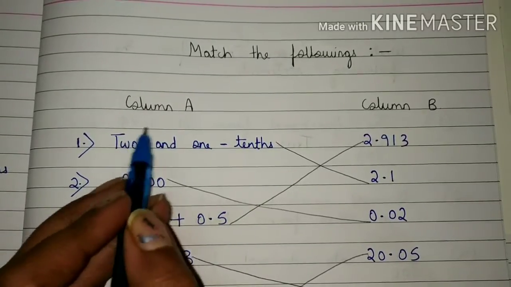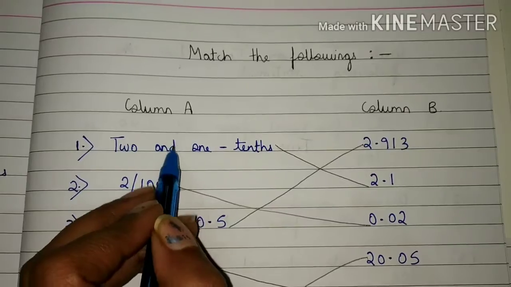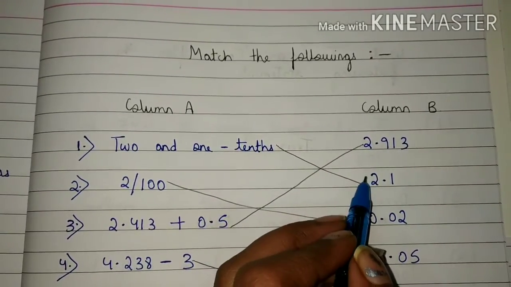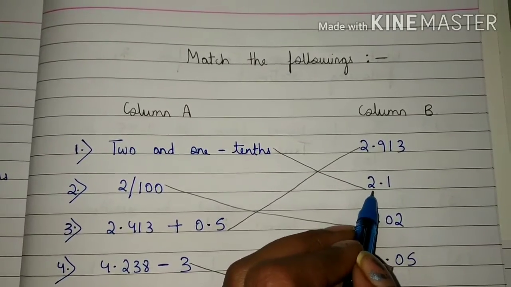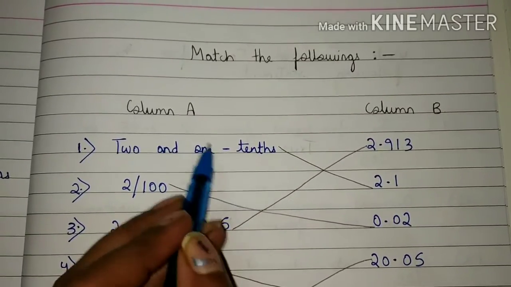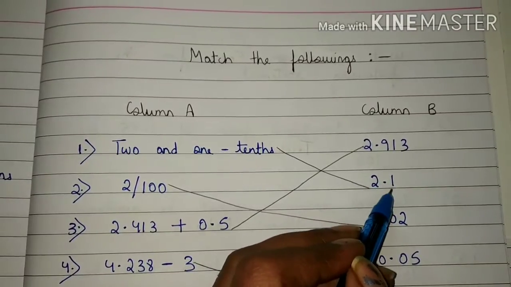Students, 2 and 1/10 when written as decimal number will be 2.1. Students, 2.1 is the correct answer because 2 and 1/10 when written as decimal number will be 2.1.